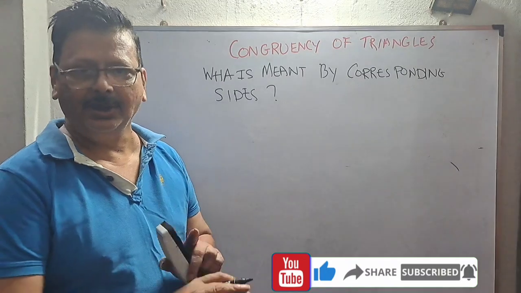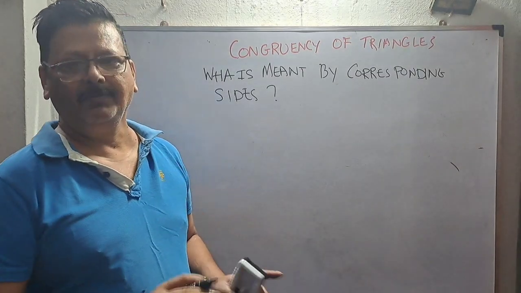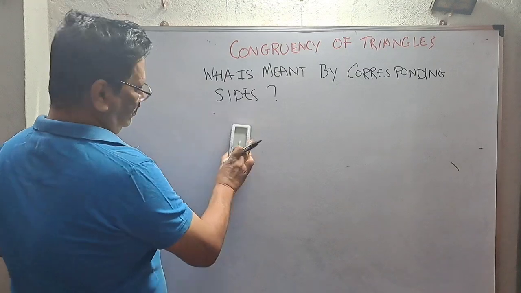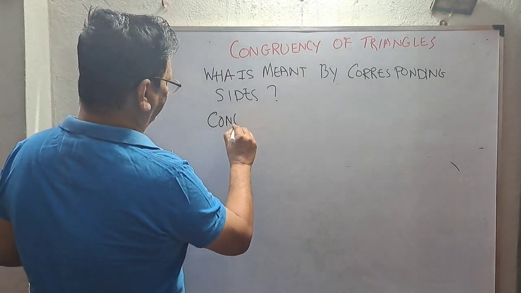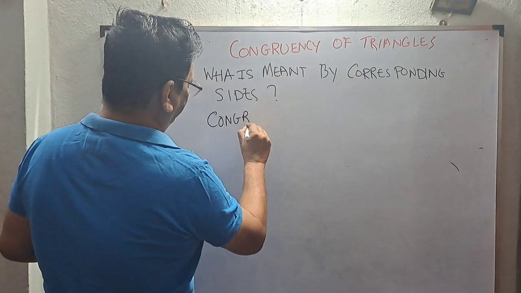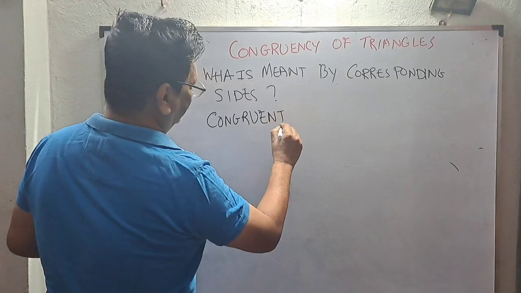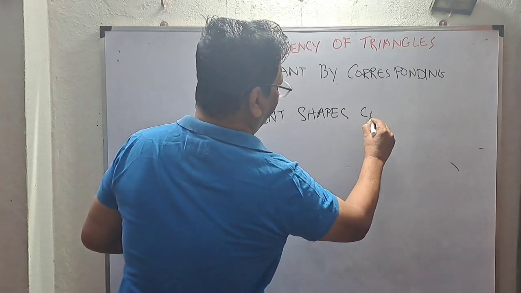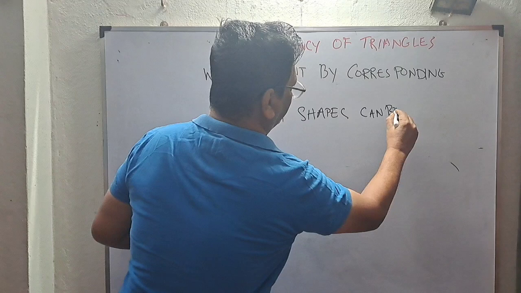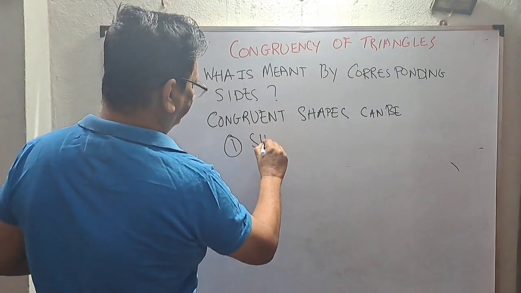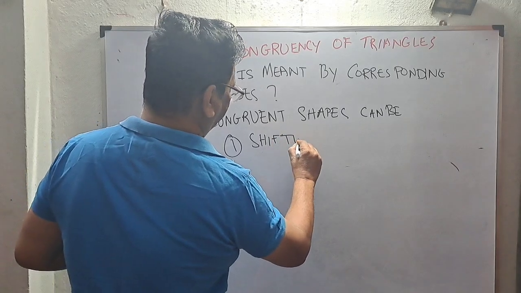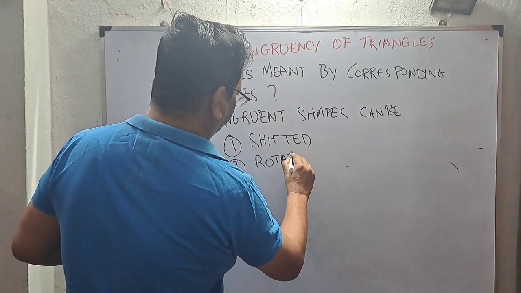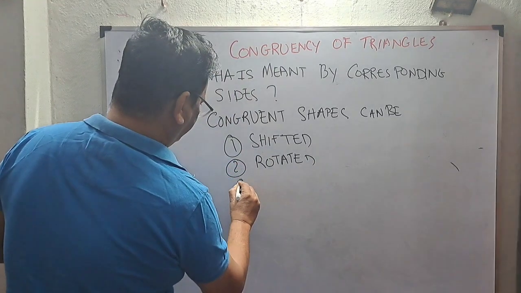That means the correspondence does not change with rotation, flipping or shifting, meaning thereby congruent shapes can be, number one, shifted, number two, rotated, number three, flipped.